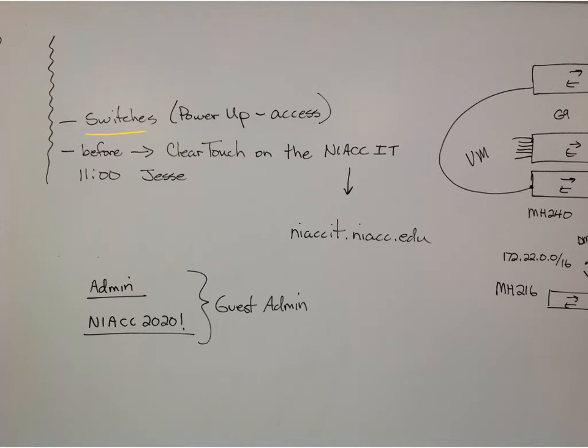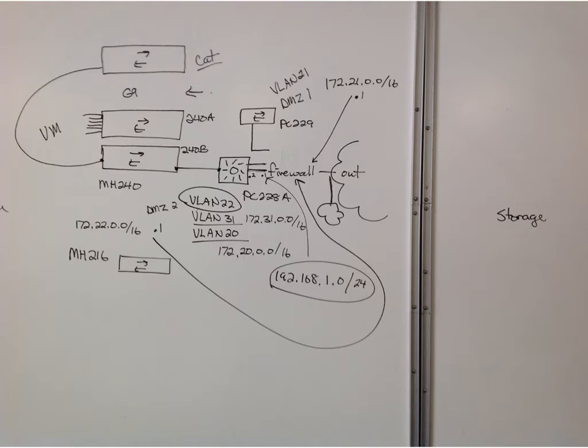All these are some tasks. We've got some switches we need to power up and test. ClearTouch on IAC IT, Jesse took care of that. We talked about that. Mentioned some of those things.